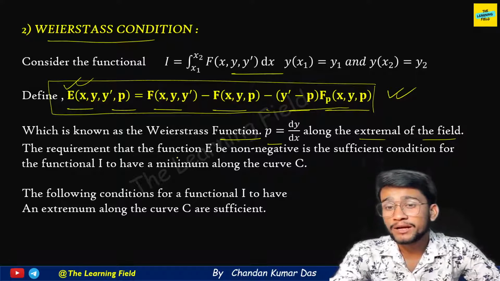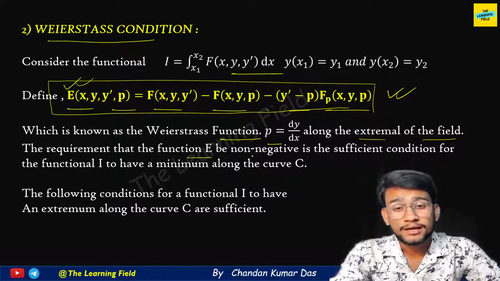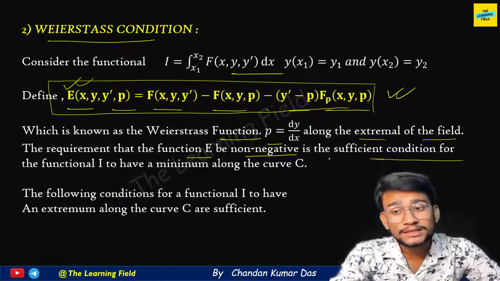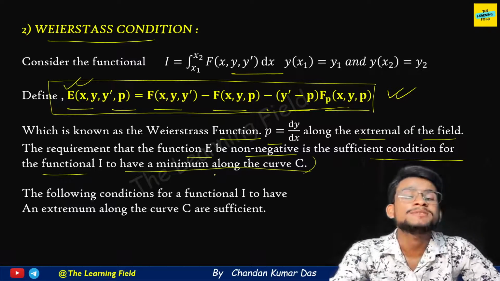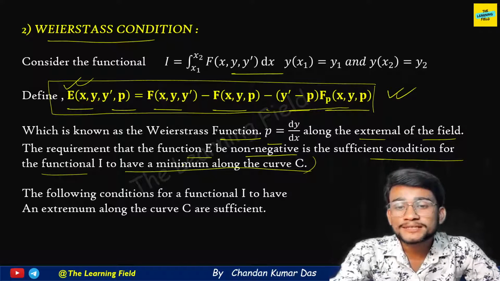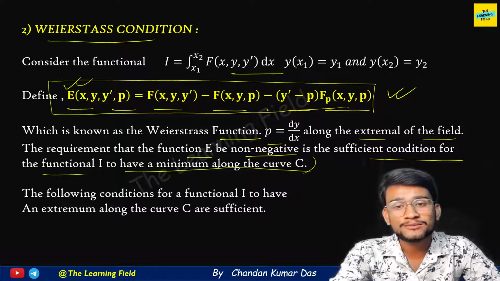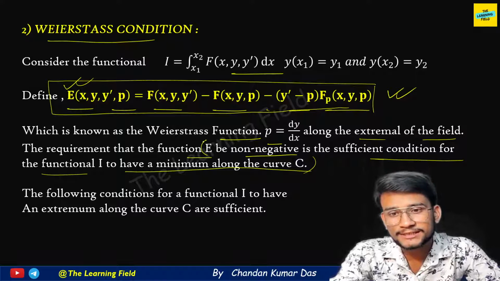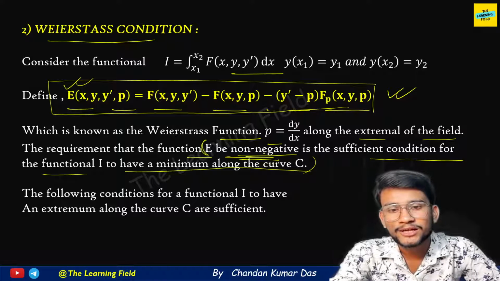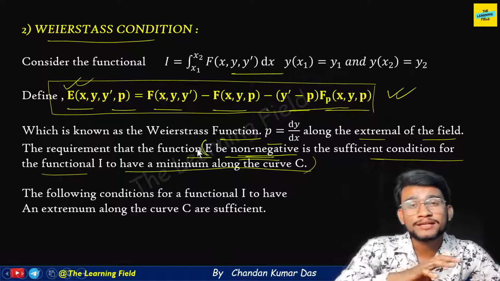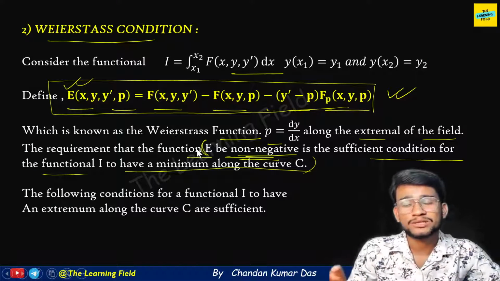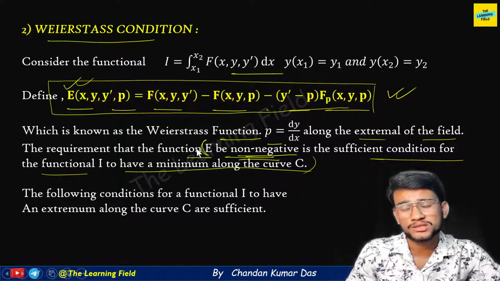The requirement that the function E be non-negative is a sufficient condition for the functional I to be minimum along the curve C. So the actual condition to get the minimum along the curve C is that this E is to be non-negative. This Legendre condition is actually a special case of the Weierstrass condition.